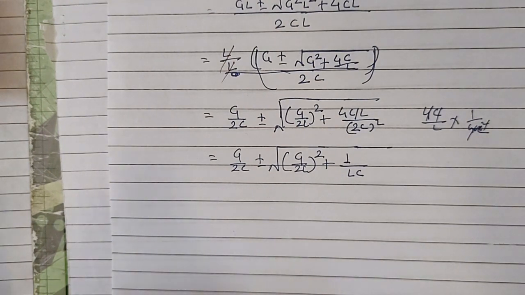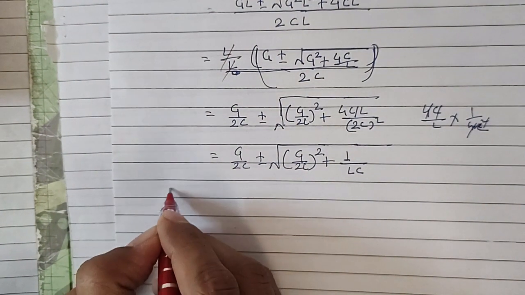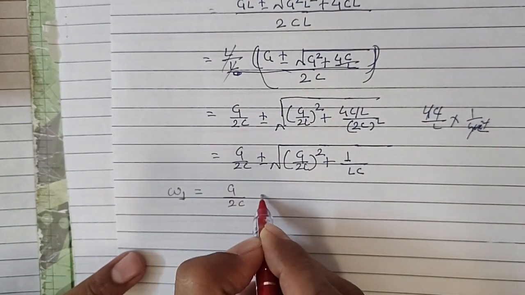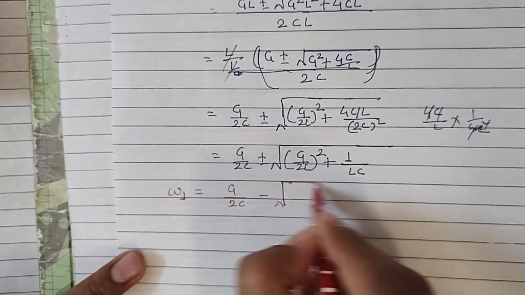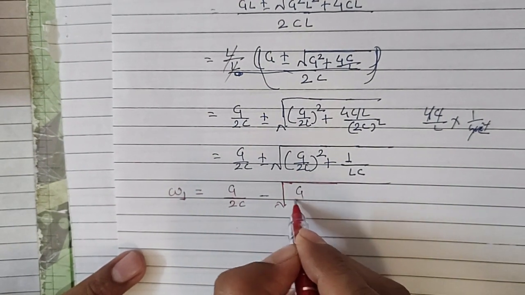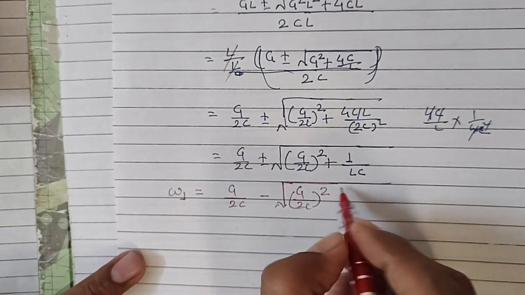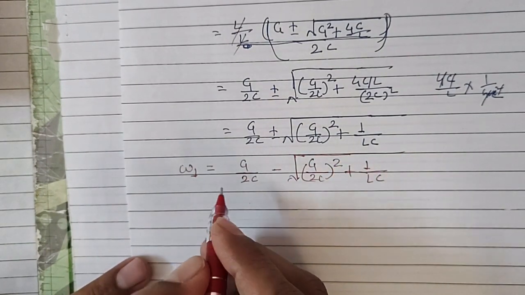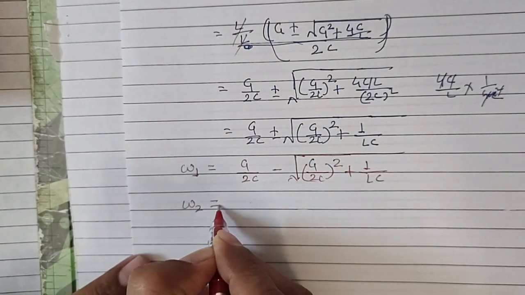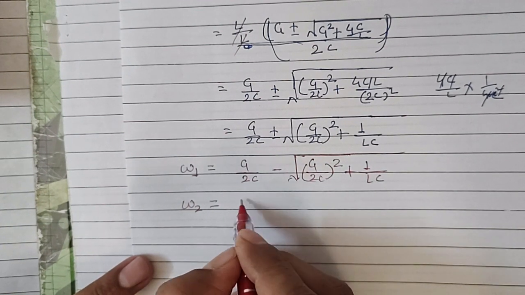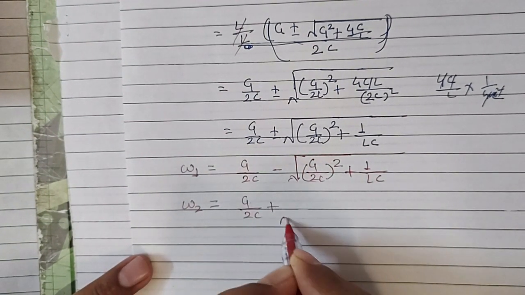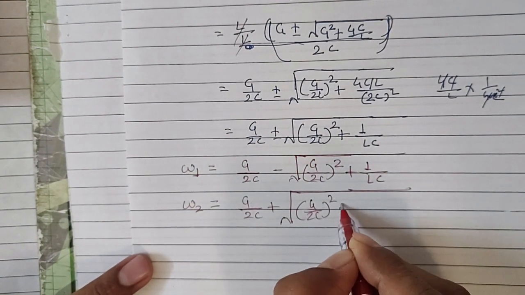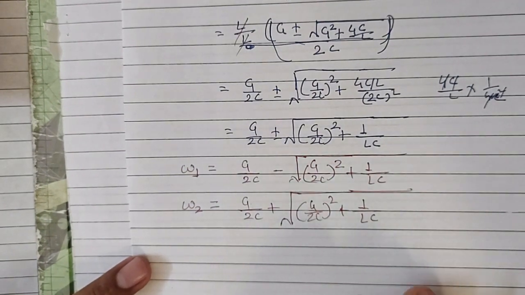So the roots for this quadratic equation, we have omega 1 is equal to G by 2C minus under root of G by 2C square plus 1 by LC, and omega 2 is equal to G by 2C plus under root of G by 2C square plus 1 by LC.